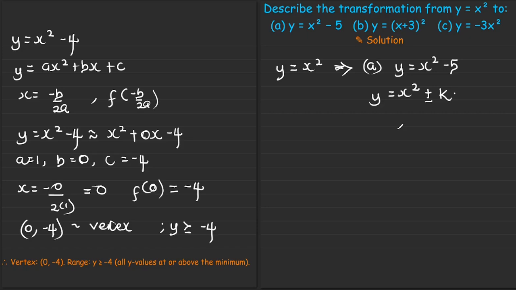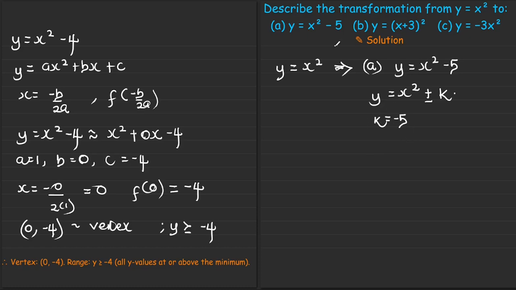So it is moving up if the k is positive, and it is moving down if the k is negative. By observation, our k is -5, which is a negative value. So it simply means it is shifting downwards. So this transformation is a vertical shift, 5 units downwards.